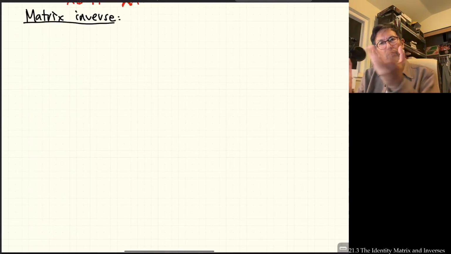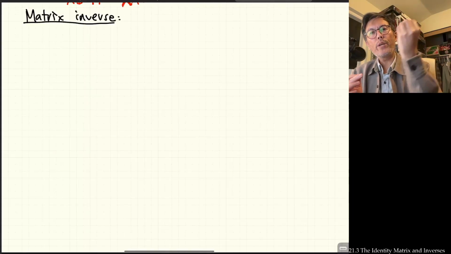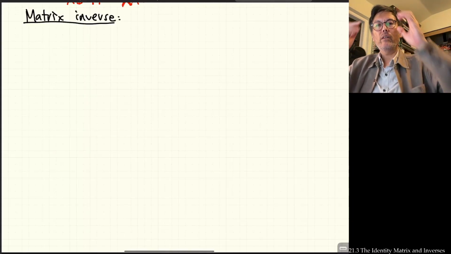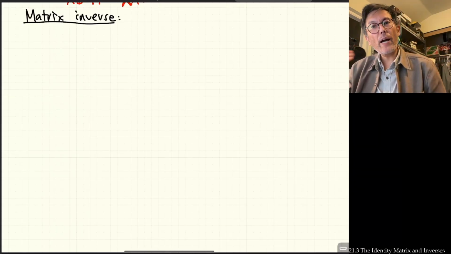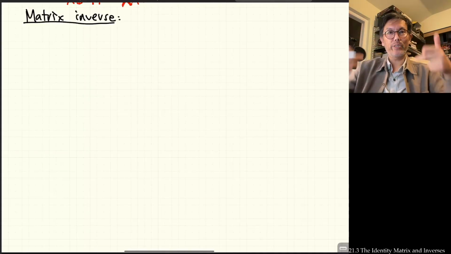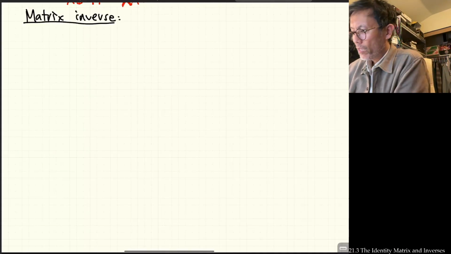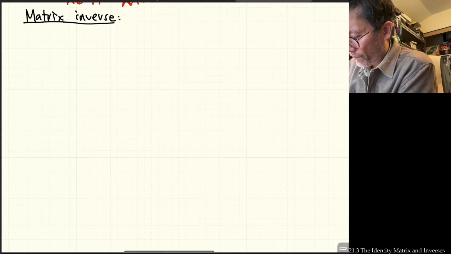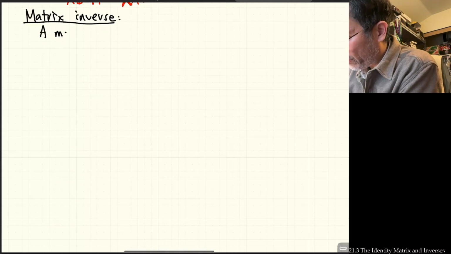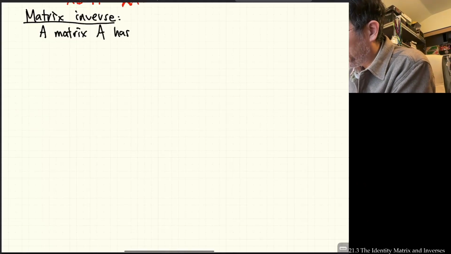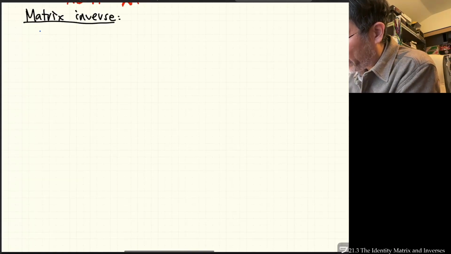So if we have the thing that's analogous to 1, we now want the thing which is analogous to taking a reciprocal, so that we can define the notion of matrix division as multiplication by the reciprocal. Okay? So suppose A is a square matrix.